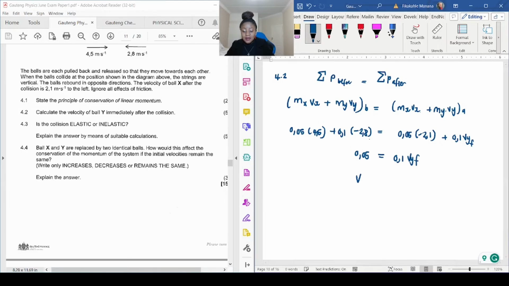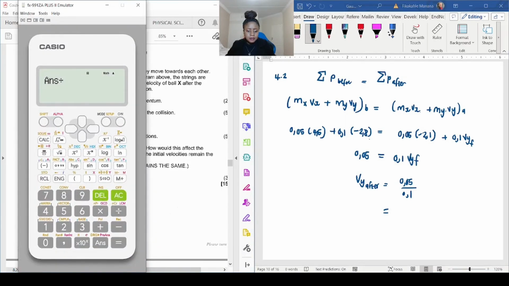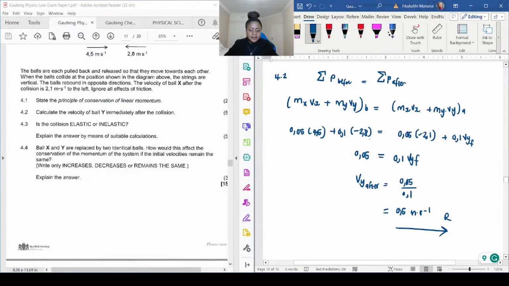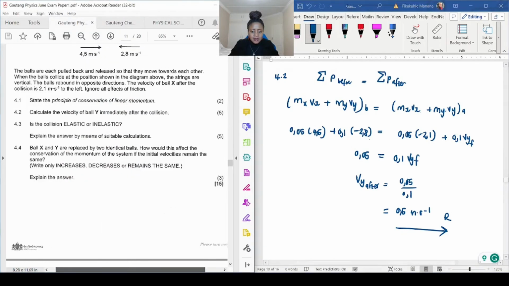So the velocity of ball Y after the collision is equal to 0.05 divided by 0.1, which then becomes 0.5 meters per second. Yes, I was correct. And this is to the right because it's a positive answer. And that was a nice 5 marks.